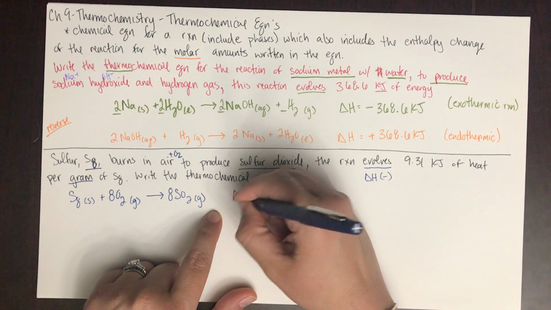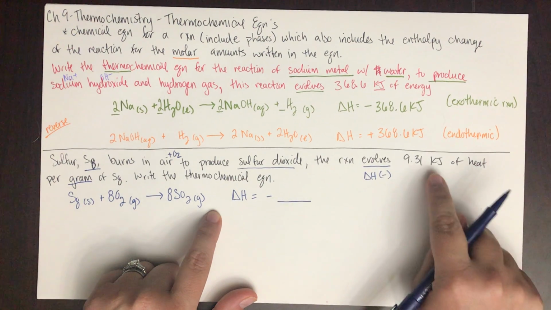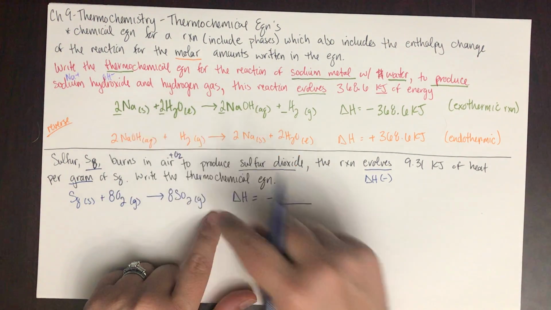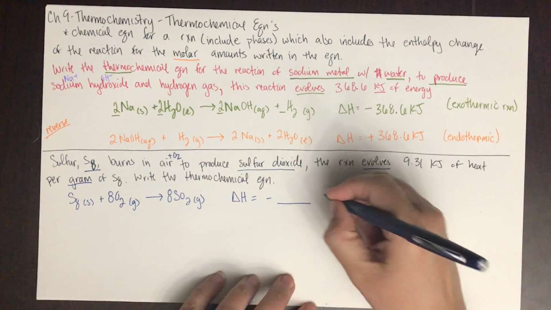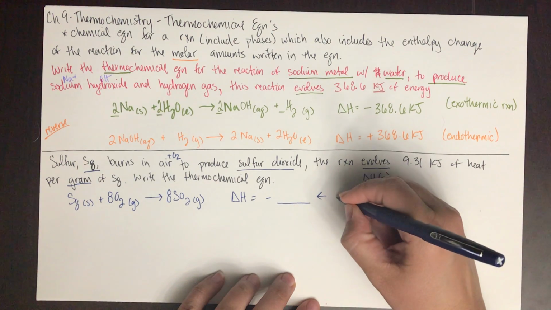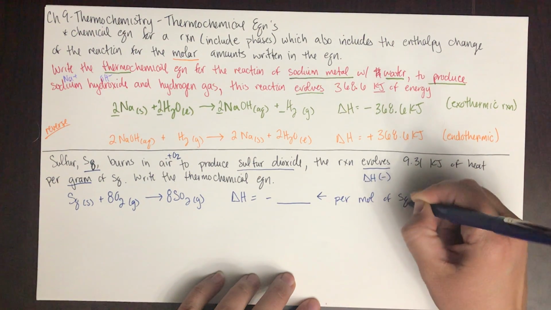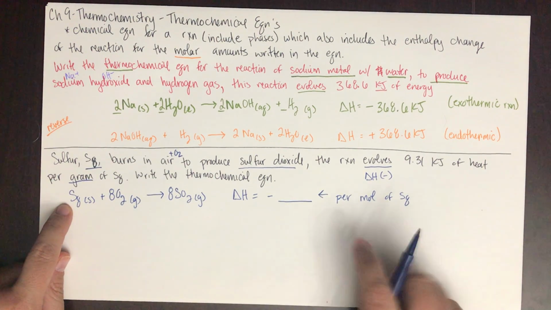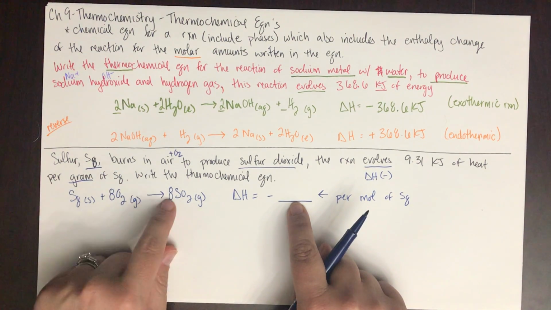So I know that this delta H is going to be a negative number, but I don't know what it is yet because this is per gram of S8. And we don't have a gram of S8. What needs to go here is per mole of S8. Per 1 mole, because this is a 1 here. So what needs to go here in the thermochemical equation needs to be a 1. It needs to be whatever the coefficient is.